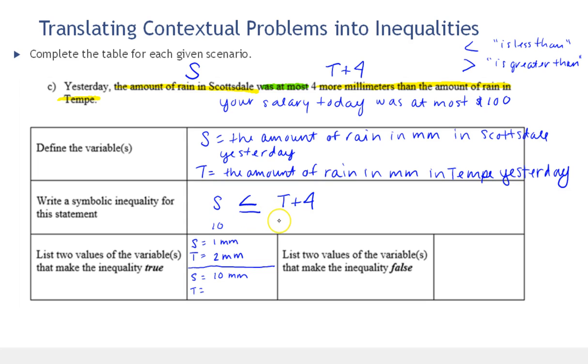If we made the Tempe value 6, 6 plus 4 equals 10, and 10 is less than or equal to 10. So this would also be a value that makes this inequality true. Notice if I made Tempe any more than 6, it would also be true. 10, 12, 15, all of those sums would be greater than 10 millimeters. Now let's make some examples where this is not true.